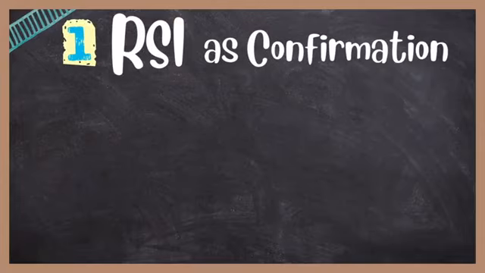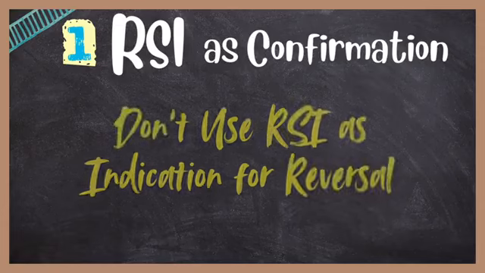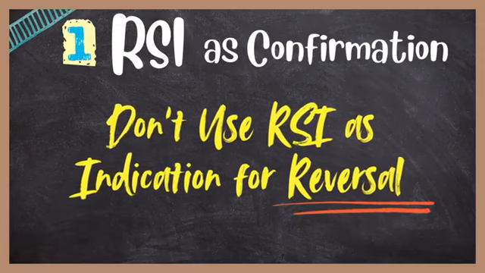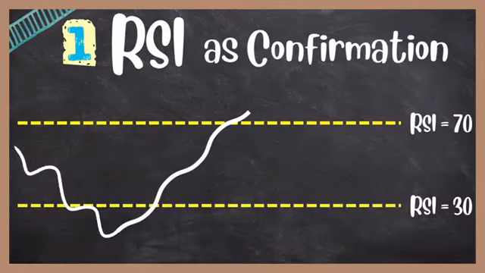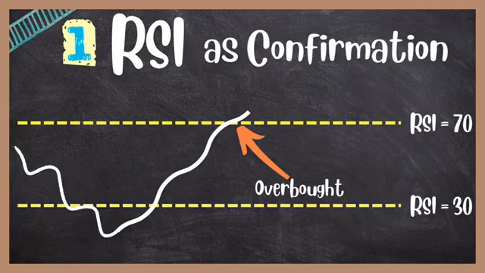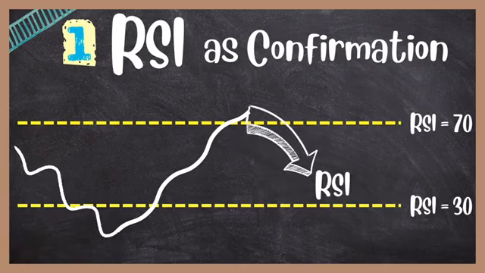Our first step will cover how we use RSI as an indicator. We will not use RSI as commonly suggested, which is to predict trend reversal. I know this will be hard to let go because this is a very famous concept, but we will not assume that every time the RSI hits an overbought condition, price will make a reversal.